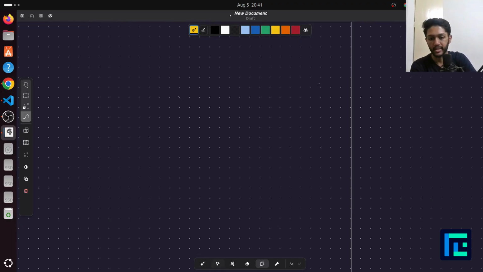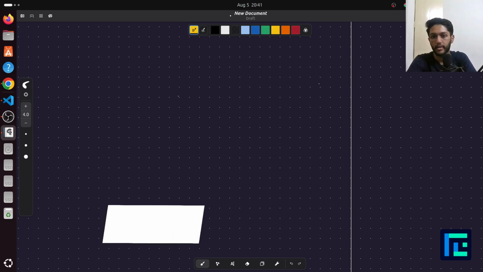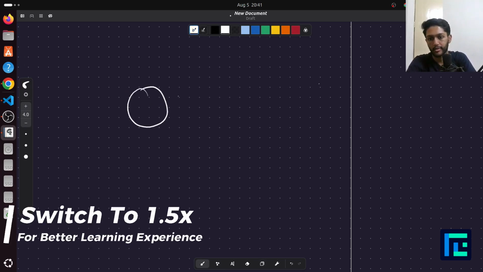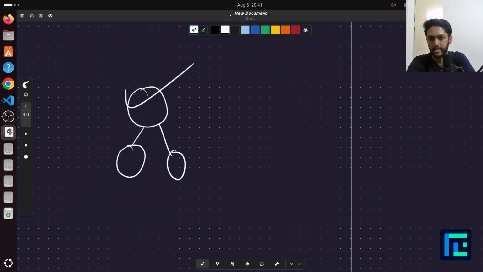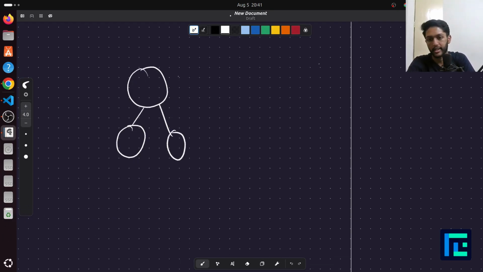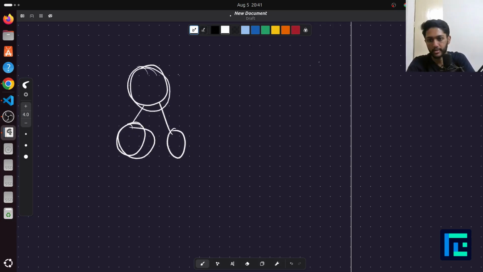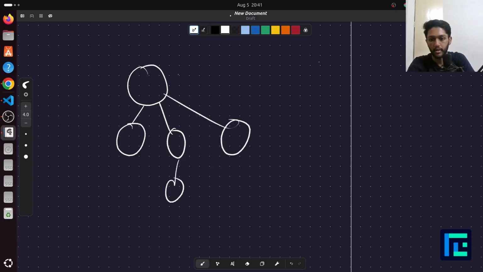So what they are saying is we have been given a tree, right? Let's draw it in white. So a tree we have been given, and it is rooted. So this is the root, and these are children of these. So this vertex is the parent of this vertex, and so on. So let's say we have this tree.